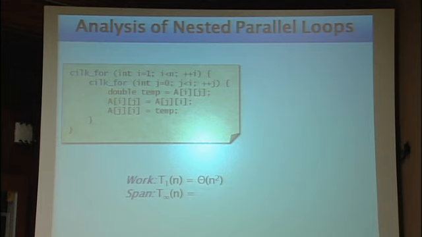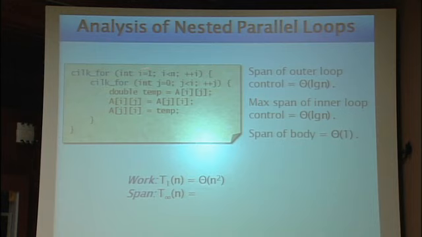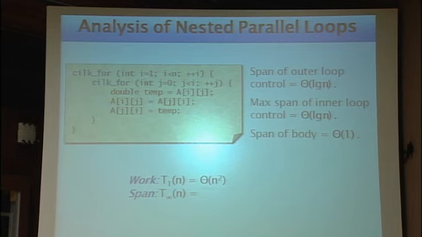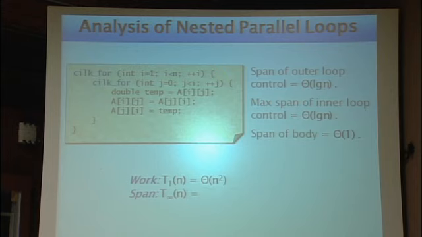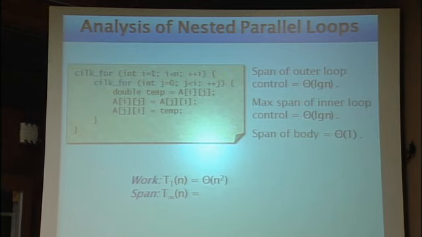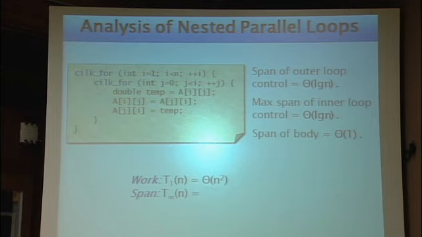Yeah, log n, right? So it's log n because the span of the outer control loop is going to add log n. The max span of the inner control loop is going from log of 1 up to log of i, but the maximum of those is going to be proportional to log n. And the span of the body now is going to be order 1.